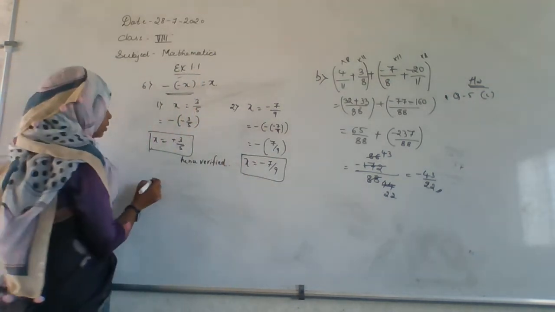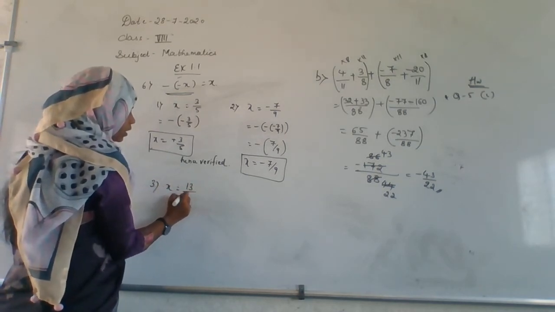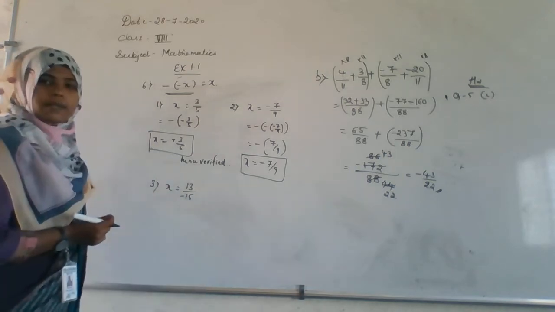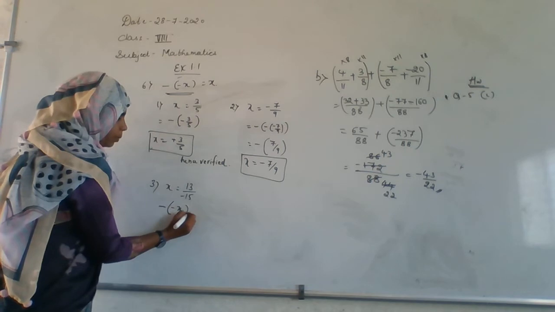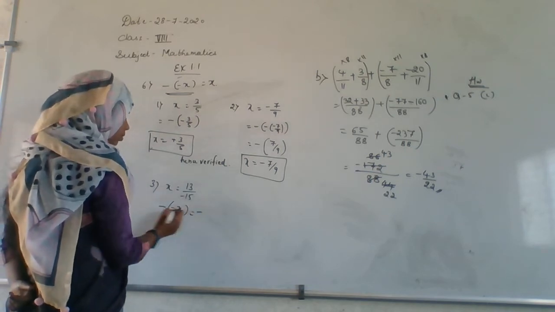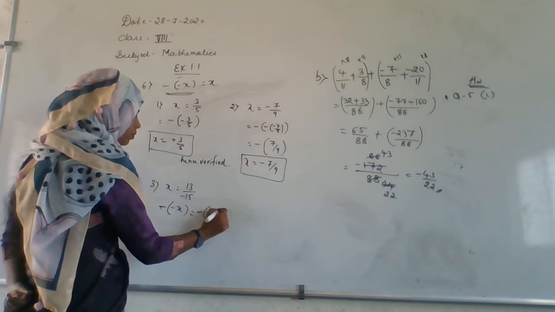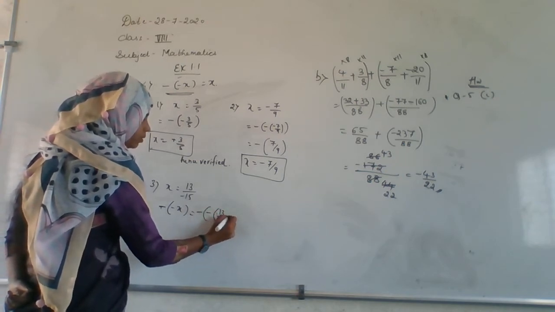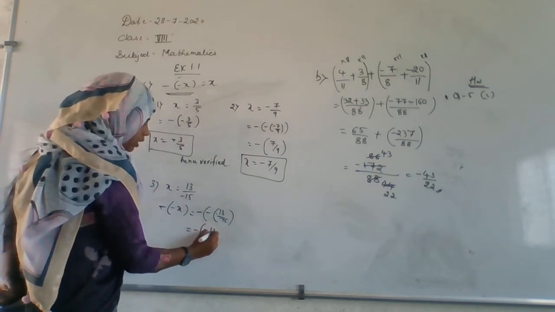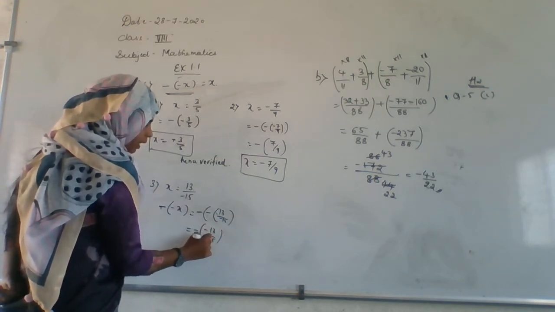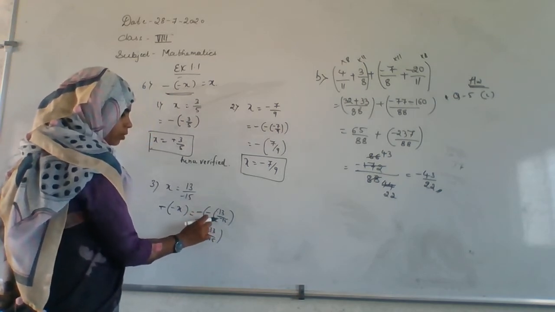The third one: they have given us x equal to 13 divided by minus 15. We will see this. Minus of minus x is our property, so minus of 13 divided by minus 15. How will it be? Minus 13 divided by minus 15. And this minus gets cancelled, because the negative applies to this and this also.